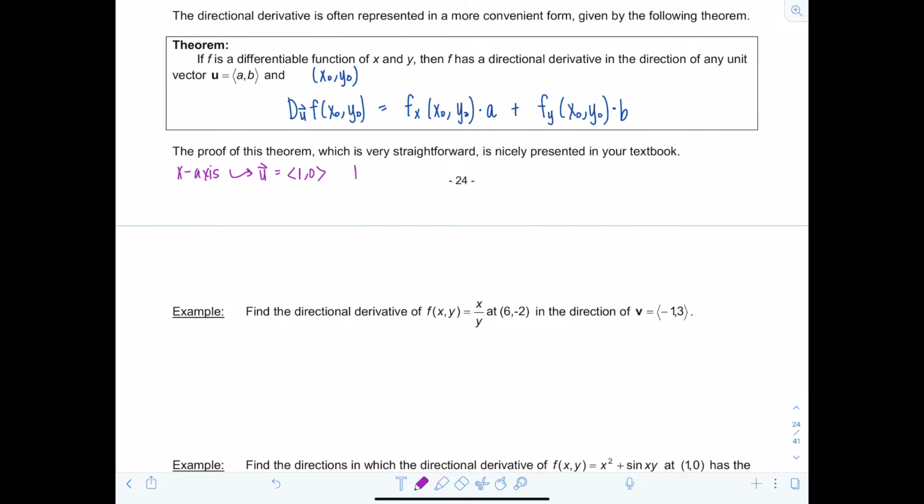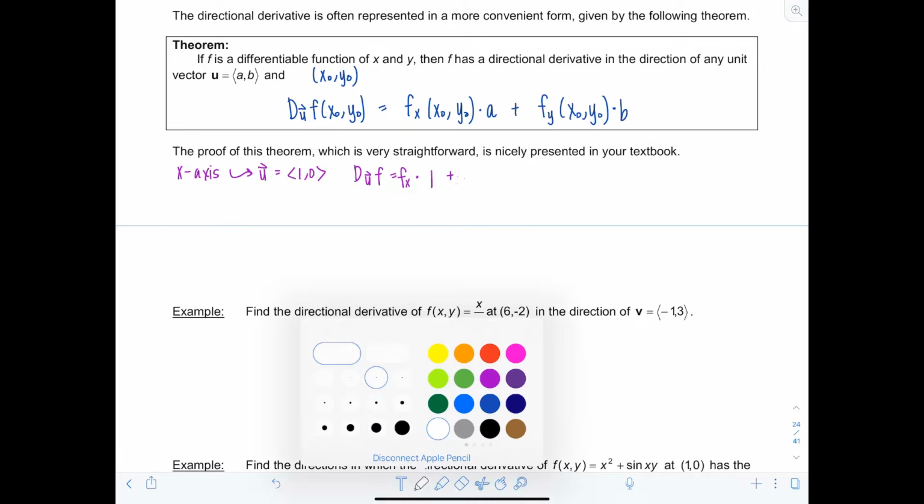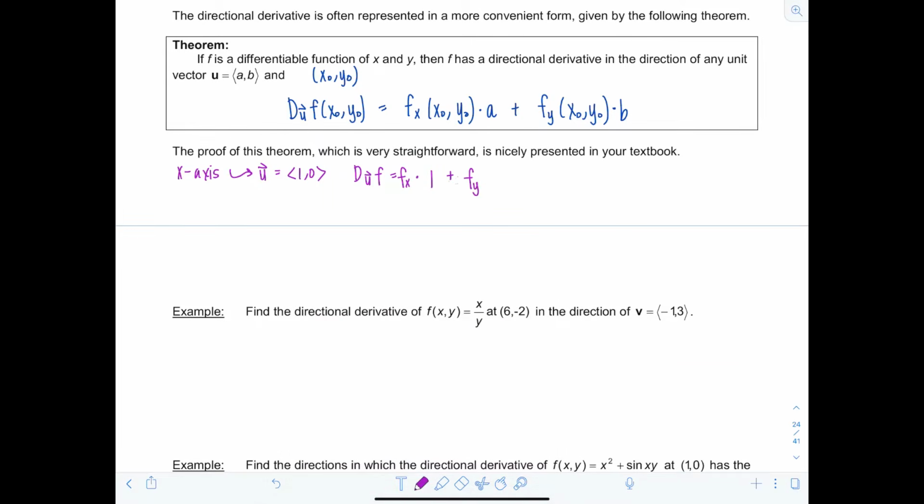So if you want your directional derivative in the direction of the x-axis, you would have partial with respect to x times, well, a is 1, plus partial with respect to y times 0, and you just get partial with respect to x, which is why f sub x, partial with respect to x, is the directional derivative in the direction of the x-axis.